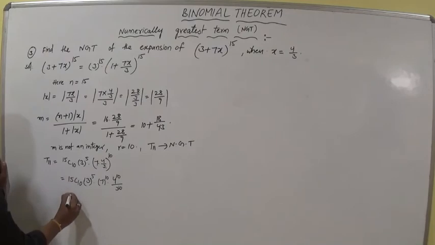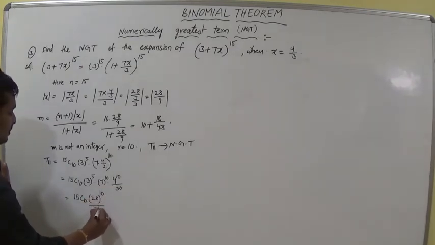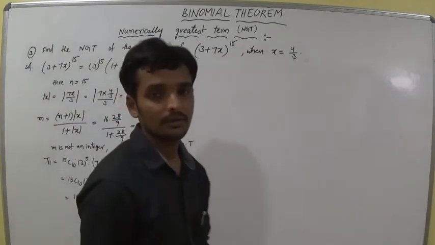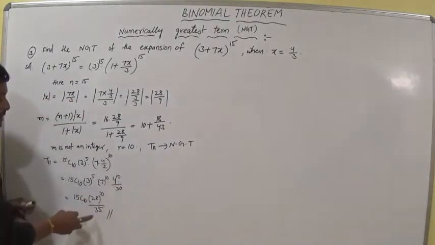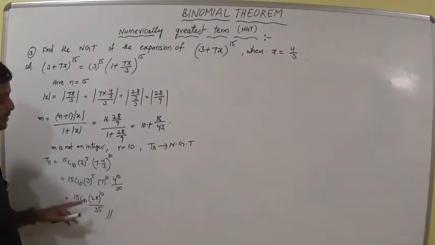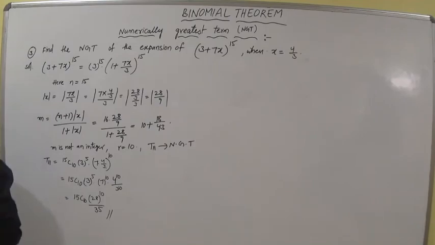If you simplify, 15 C10, 7 into 4 is 28, power 10 by 3 power 5. This is the final answer. Are you okay? 7 into 4 is 28, right? Here 3 power 10 cancels by 3 power 5. Here 28 whole power 10 by 3 power 5. That is the answer.